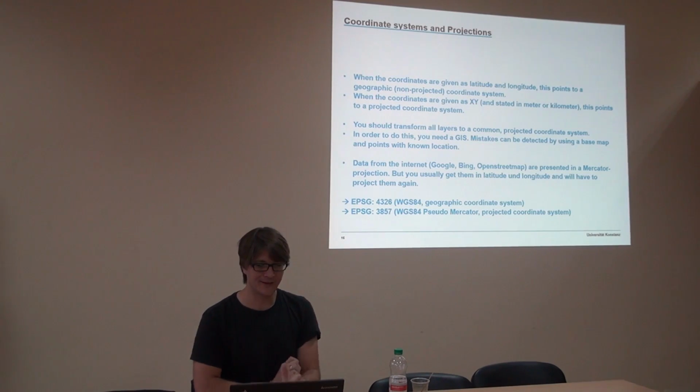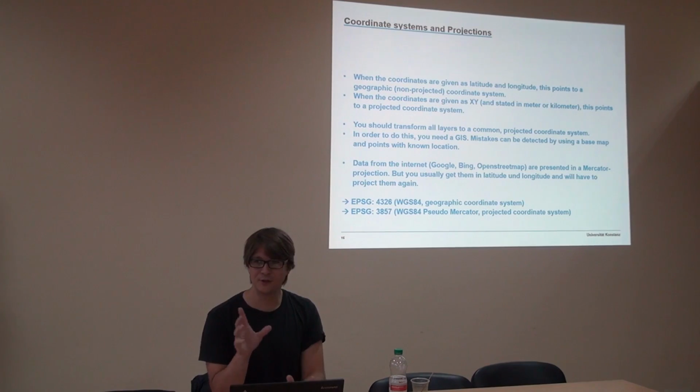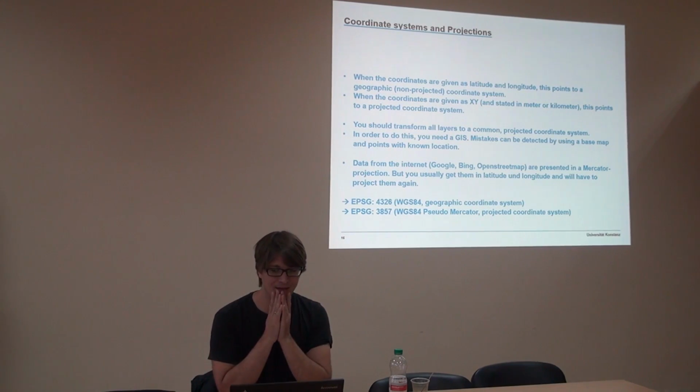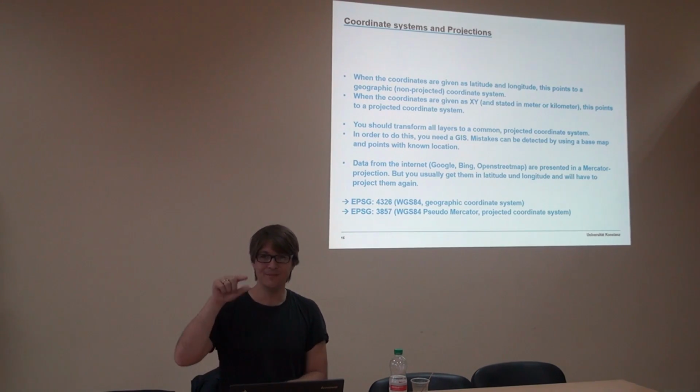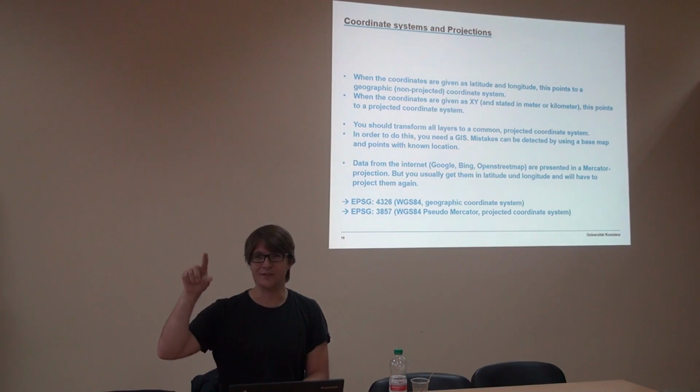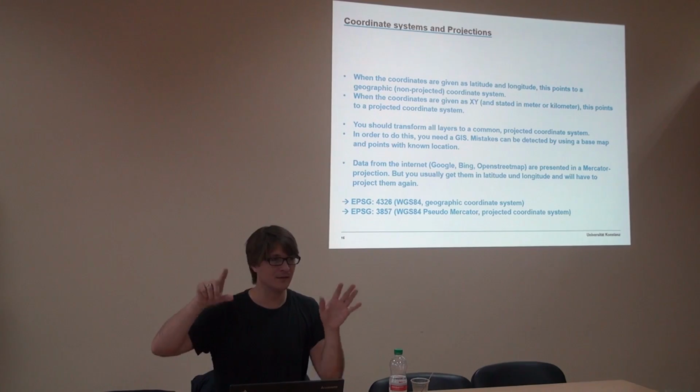When coordinates are given as latitude and longitude, then you usually have a geographic, that is a non-projected, coordinate system. So you have, say, 47 degrees or 12 degrees north and 12 degrees west.